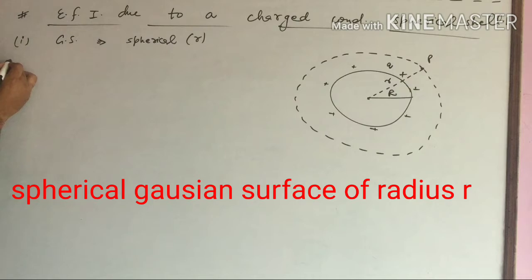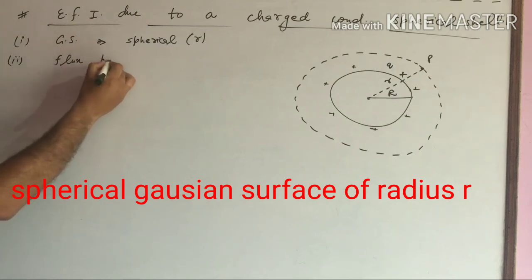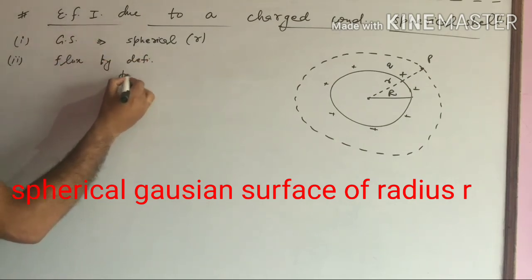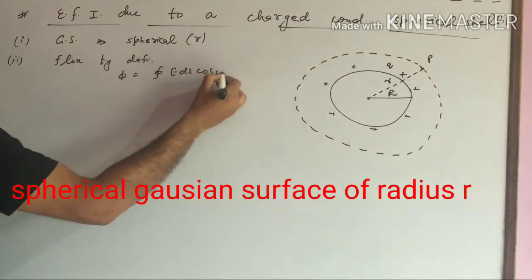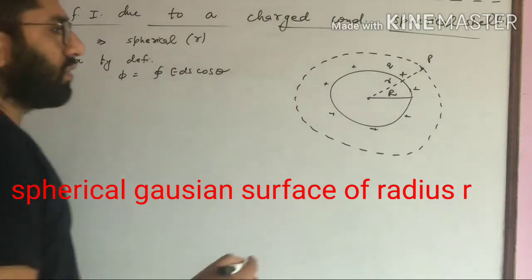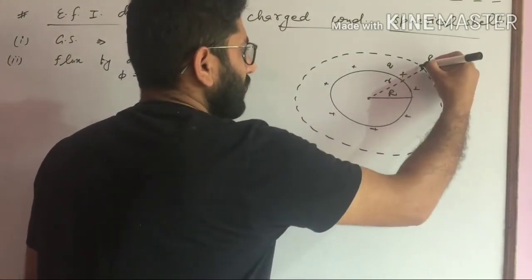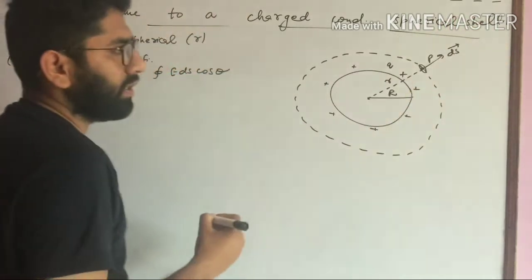So the second step will be flux. By definition, phi will be equal to integral E ds cos theta. As we did in the previous case, we will assume some element over here which will be directed radially outward.